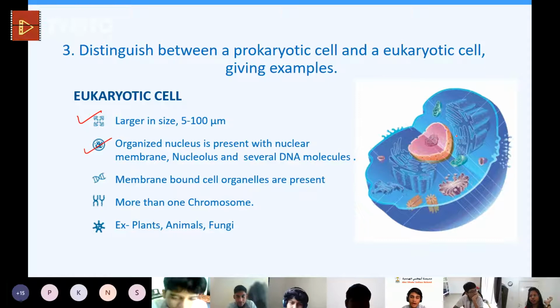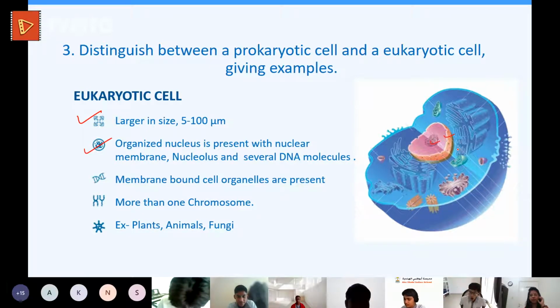Here the organized nucleus is present. So I can see here a proper nucleus which has the nuclear membrane and nucleolus. So it is a very well-defined nucleus. And here I can see many membrane-bound organelles. This is the endoplasmic reticulum. This is the Golgi body. This is the mitochondria. So many cell organelles are present, membrane bound.